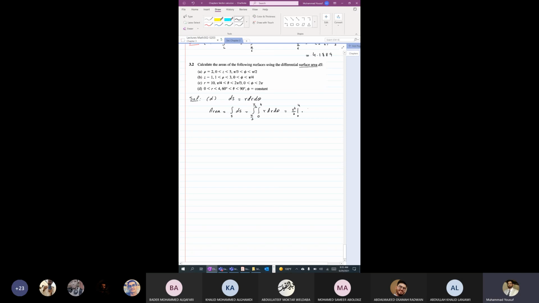Multiply integral with respect to theta is theta, from pi over 3, 60 degree, to pi over 2. So we will get 16 over 2 is 8 minus 0. So it is 8. Then pi over 2 minus pi over 3 is pi over 6. 90 minus 60 is 30. 30 is pi over 6.